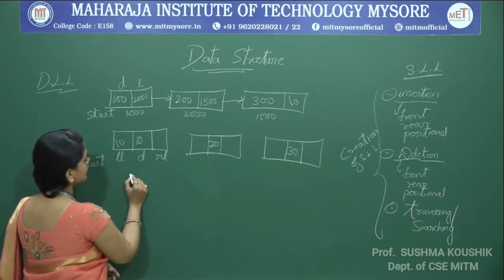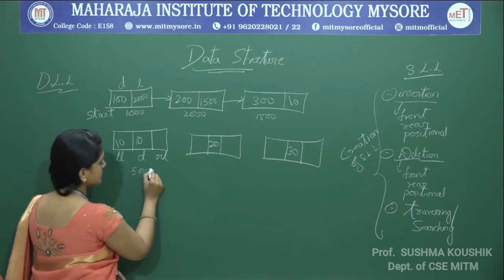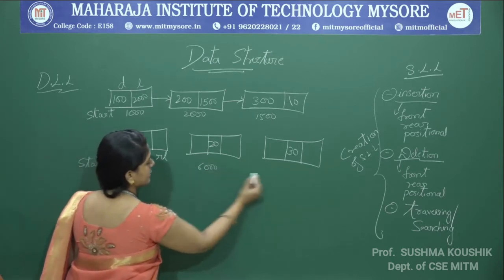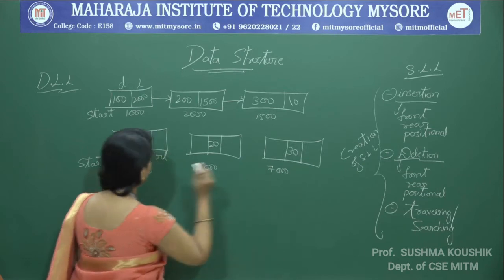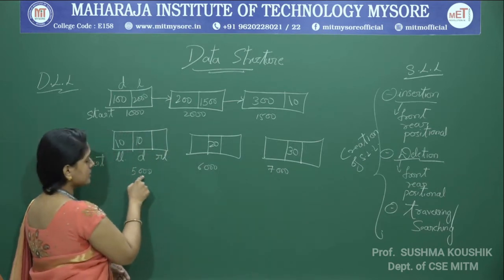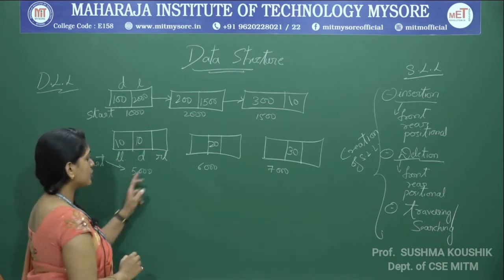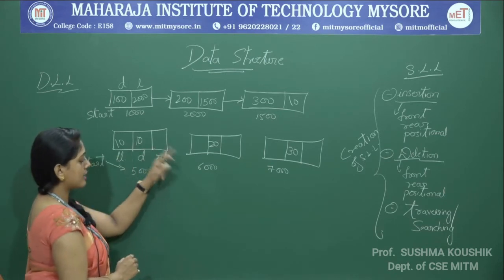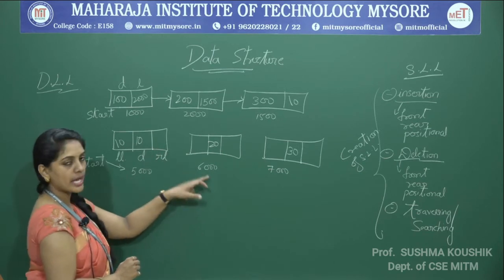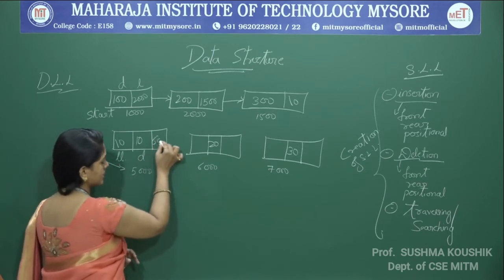If the addresses of these nodes are 5000, 6000 and 7000, start is pointing to the first node, and the first node's RL will be the next node address, that is 6000.